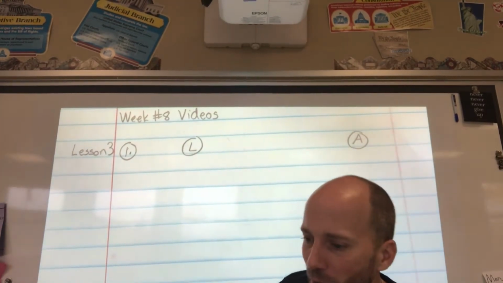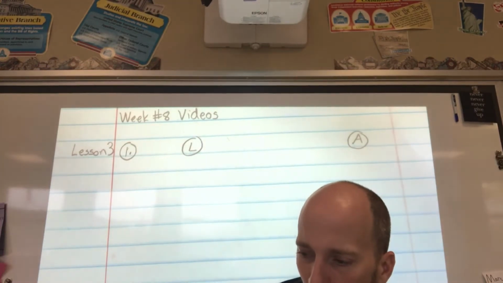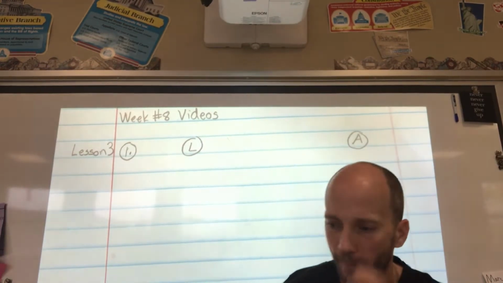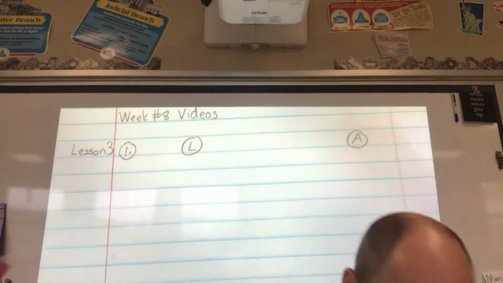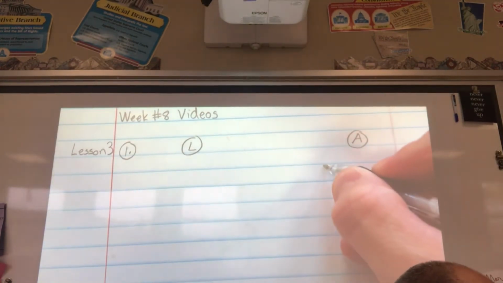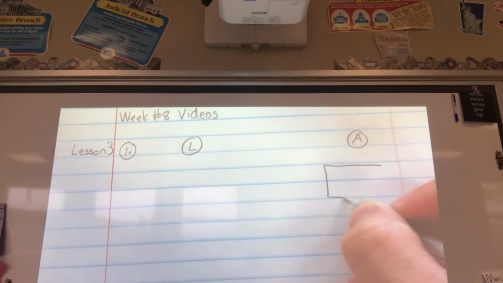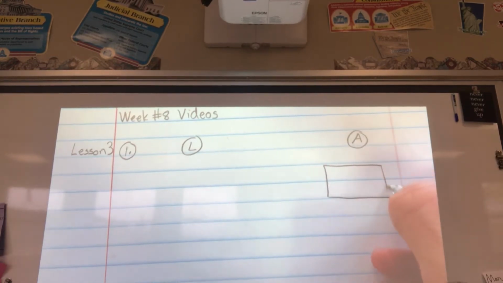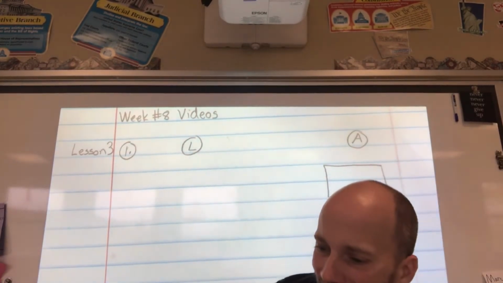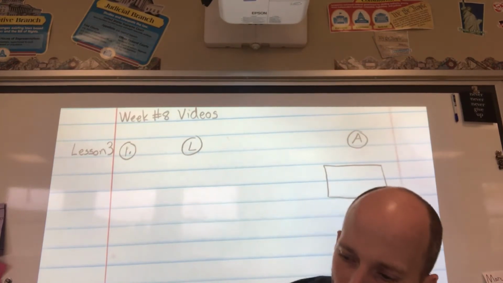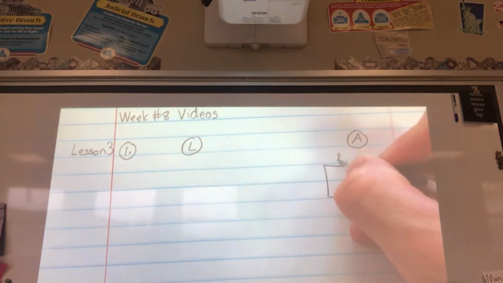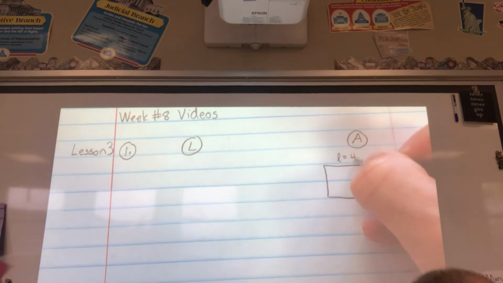It says the screen in the library is 4 feet long with a perimeter of 14. So let's go ahead and put in what we know. It says the screen in the library is 4 feet long, so I'm going to put L equals 4.